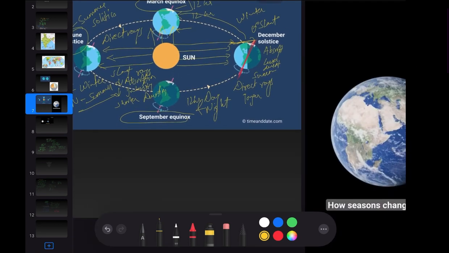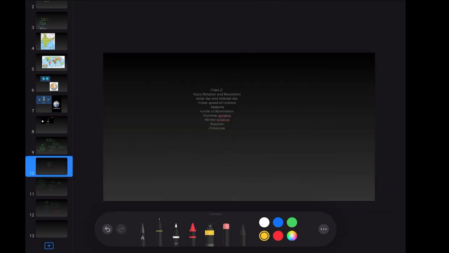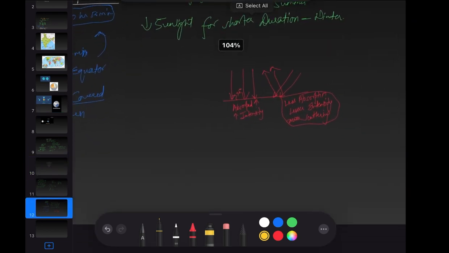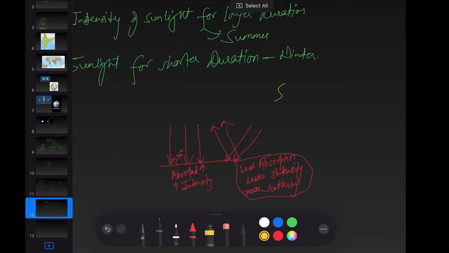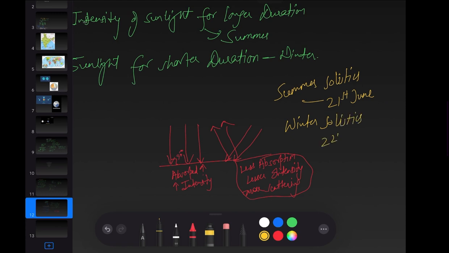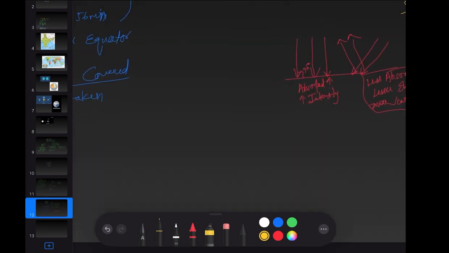So due to this reason, the seasons on the earth change. We experience summer solstice on 21st June, while winter solstice is on 22nd December. And equinox is on 2 days on the earth, 21st March and 23rd September.